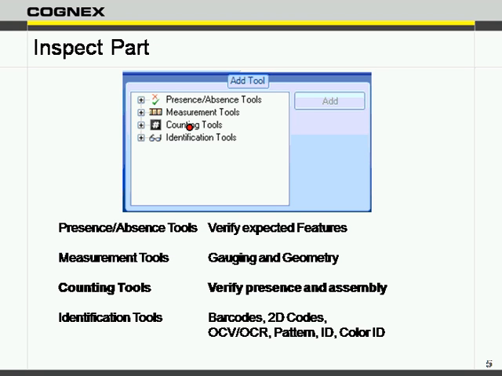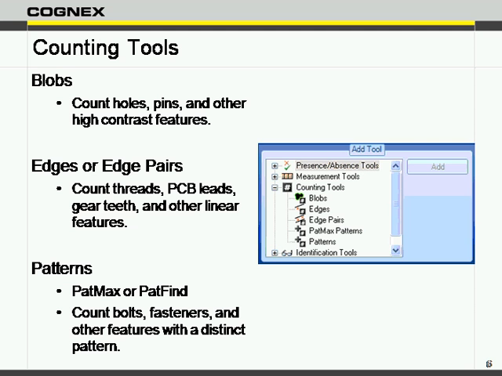The tools we'll be looking at are in the counting tool group. So we'll be working today with verifying presence and assembly of parts. What we have here are the blobs themselves.